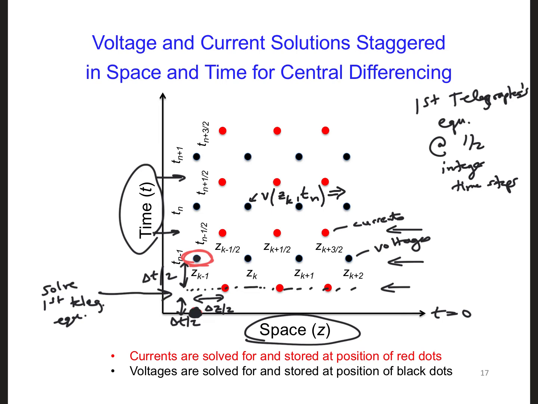We already know that's in space and time, so what we're going to write is V in Z and T. So the subscript here will be the k grid cell or integer spatial location, and the superscript will be the nth time step. So this notation here is just a convenient way to write the voltage at position k and time step n.